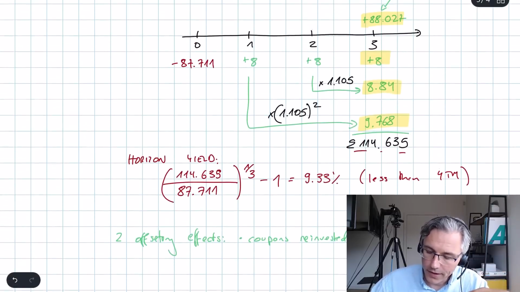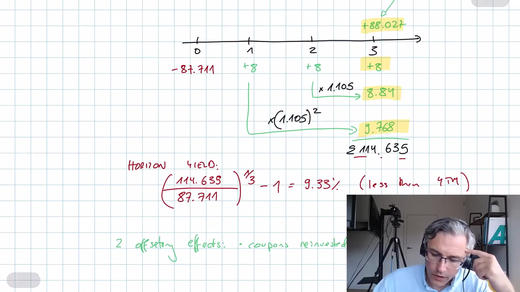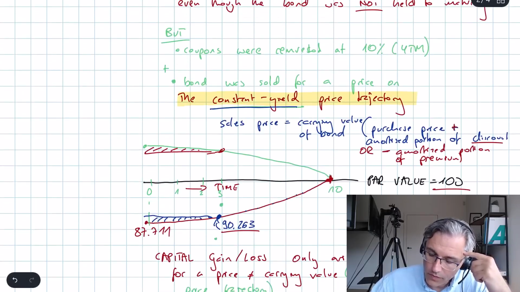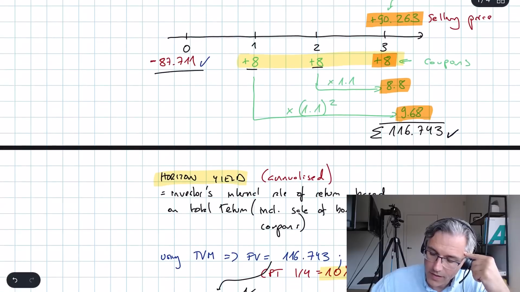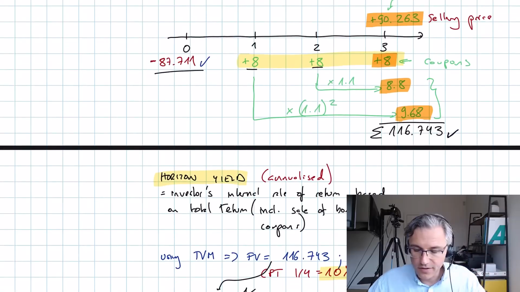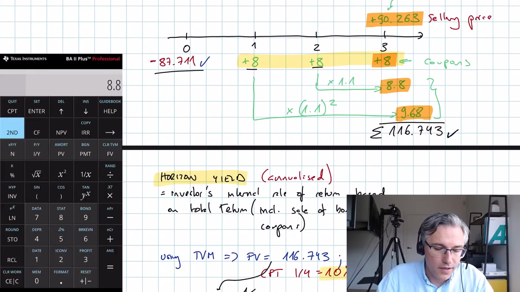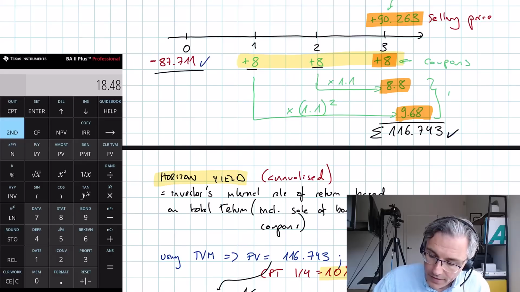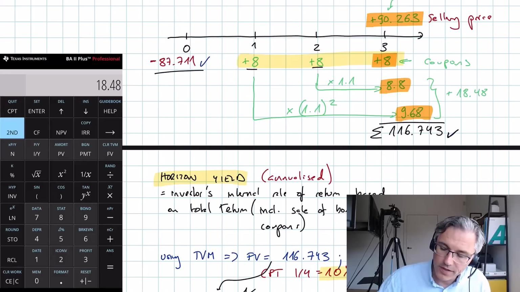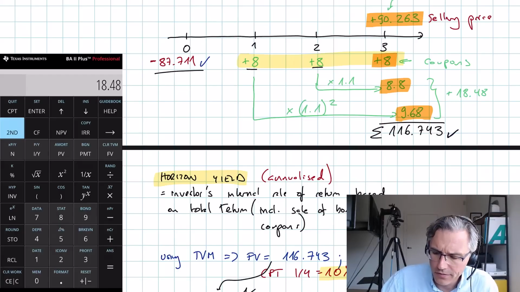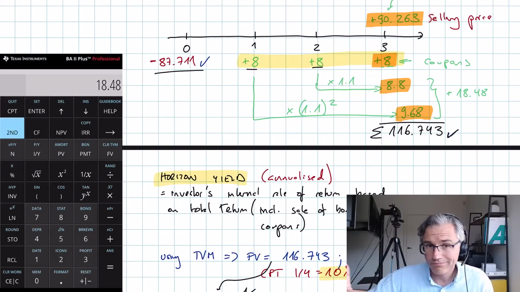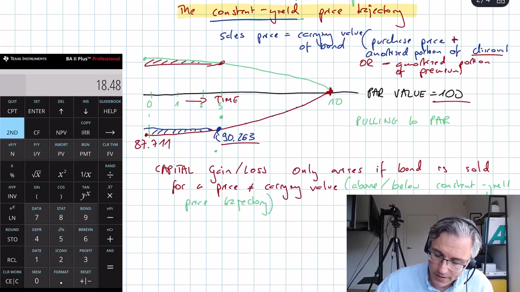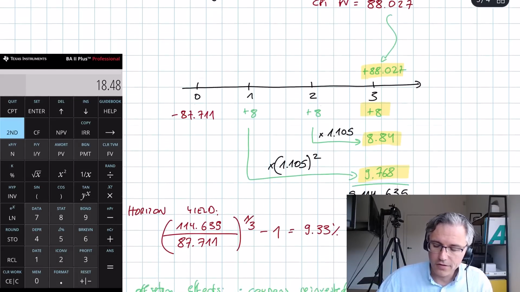Now we can quantify that because initially the coupons getting reinvested, these were the reinvested coupons, 8.8 and 9.68. So they were amounting to, let's say, 18.48. The value of these reinvested coupons. I'm leaving the single 8 over here. That's not working at all at the YTM, at the yield to maturity, or indeed the changed yield.